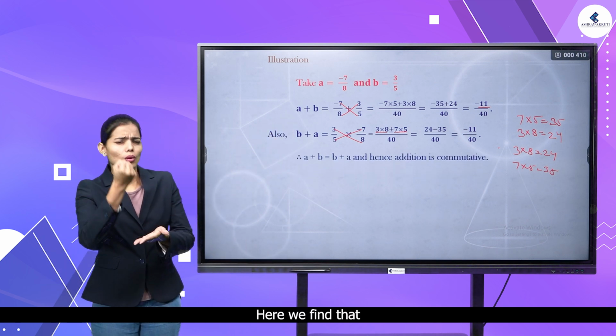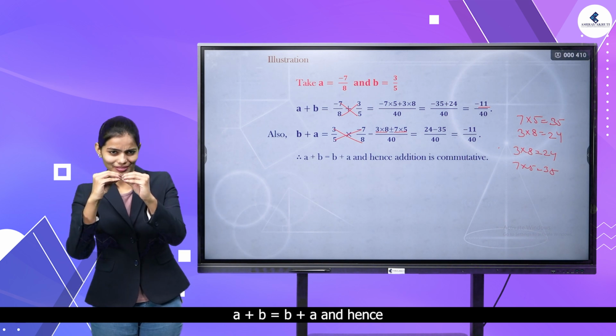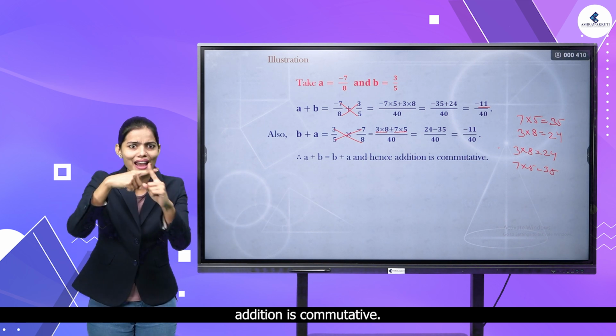Here, we find that a plus b is equal to b plus a, and hence addition is commutative.